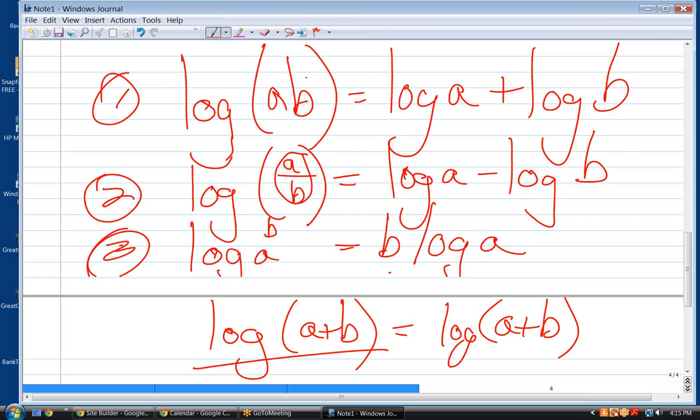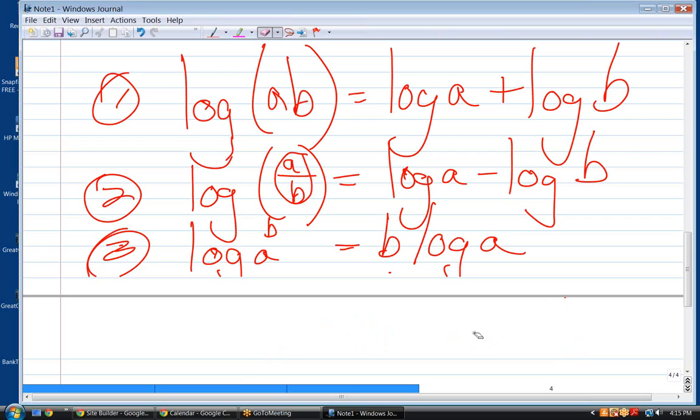Well, none of these rules handle that. If you have addition of two logs, then you can combine them into the log of a times b. But if you have the log of two things that are being added together, that doesn't simplify. So just be aware of that, it can be a little confusing.